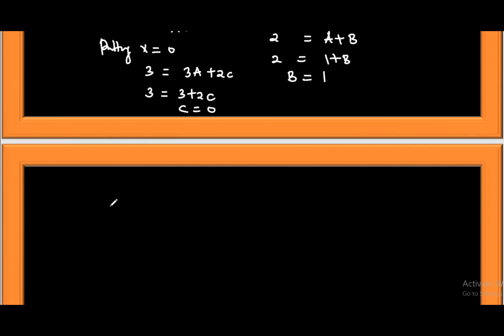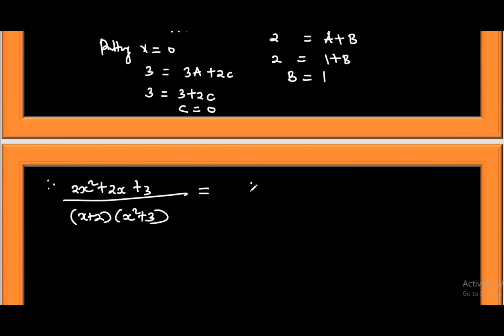Therefore, 2x squared plus 2x plus 3 divided by x plus 2 into brackets x squared plus 3 is actually equal to 1 out of x plus 2 plus x divided by x squared plus 3. There we are.